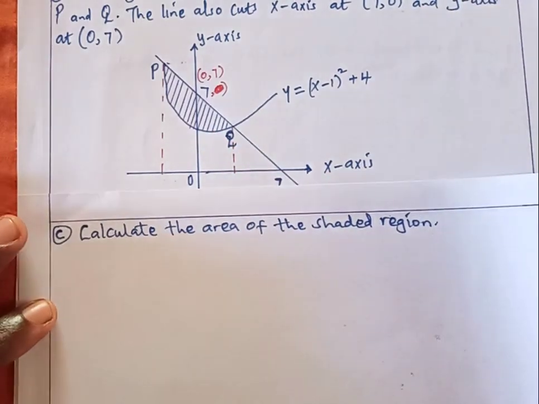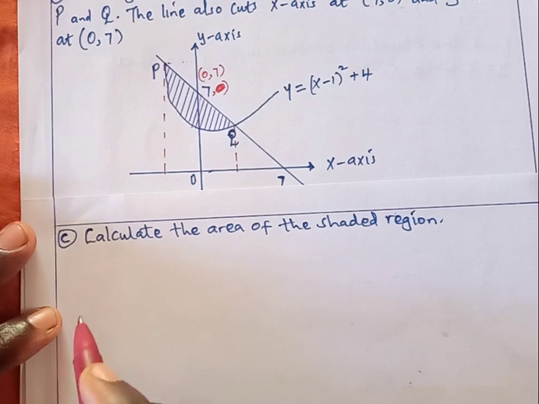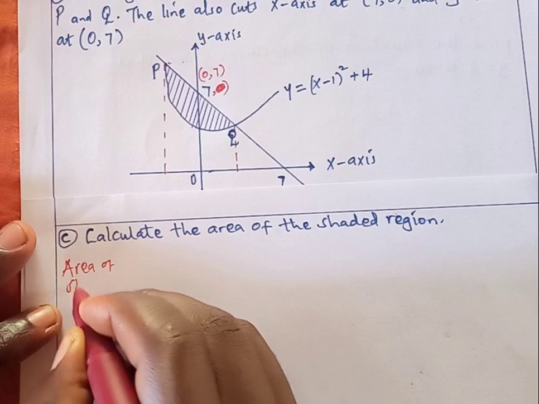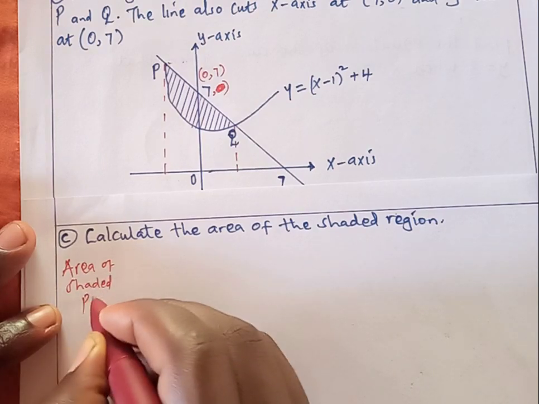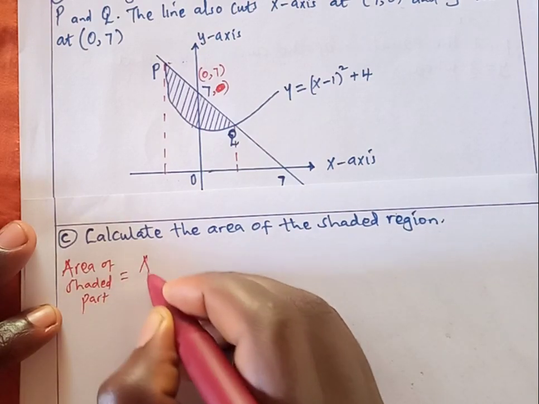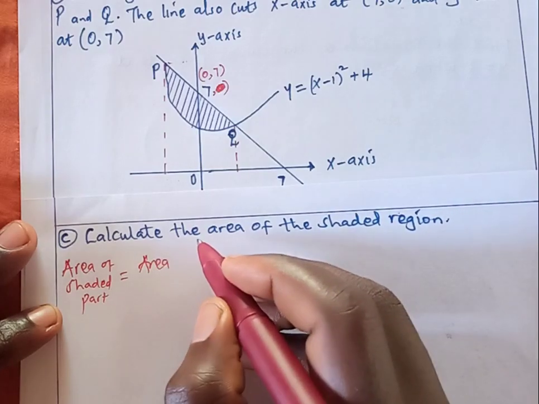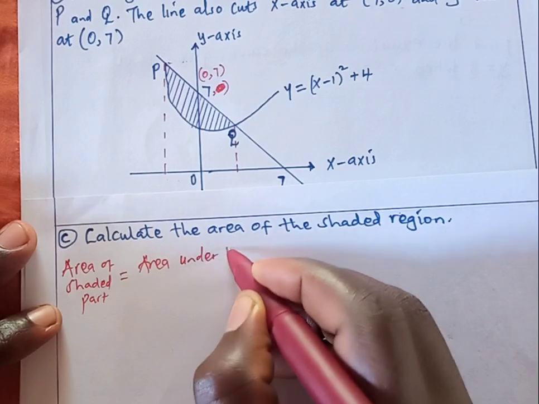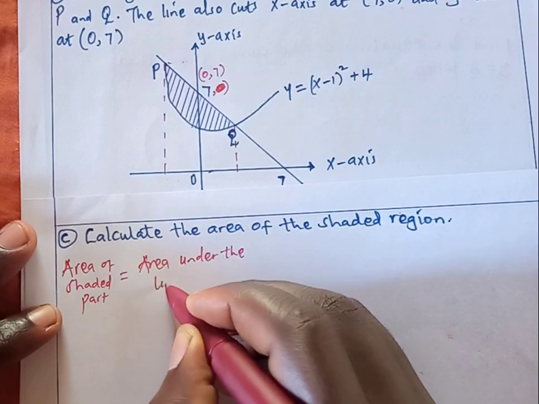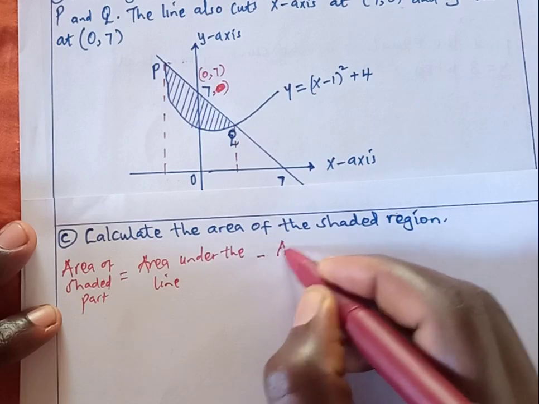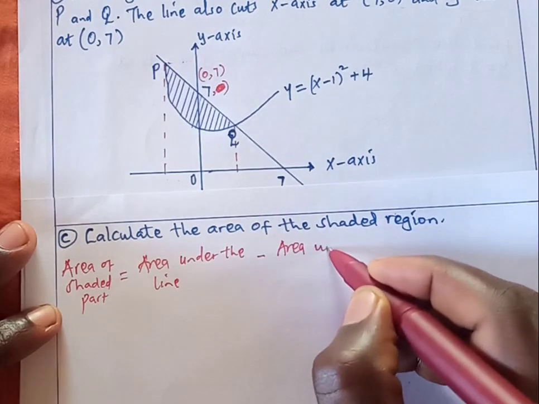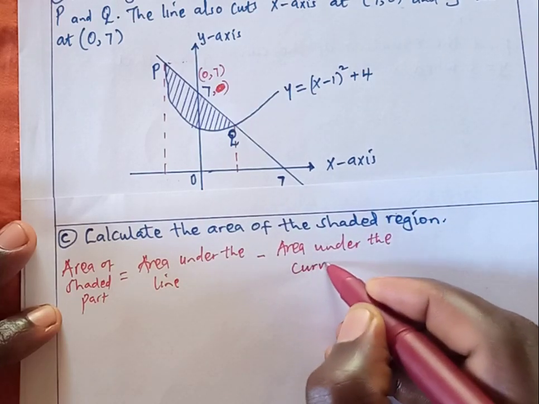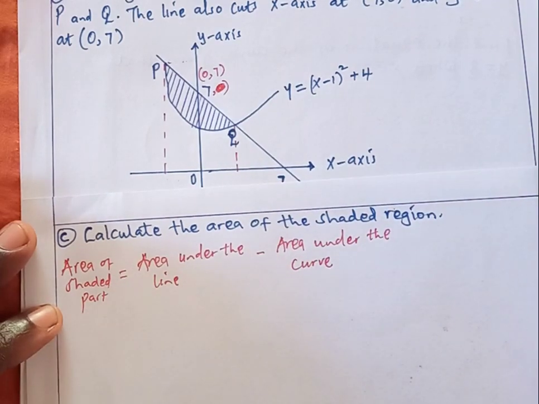For us to be able to work out the area of the shaded part, we are going to say that the area of the shaded part is equal to the area under the line, we take away the area under the curve.